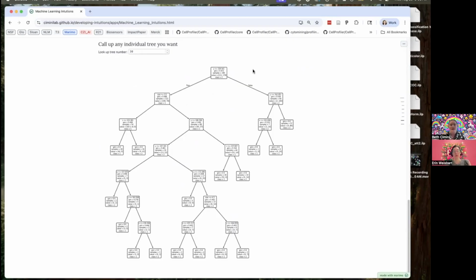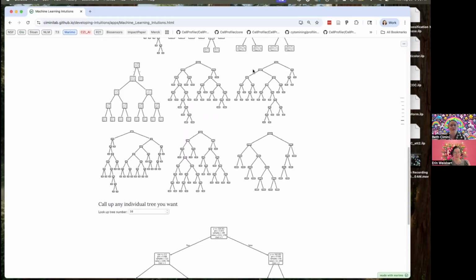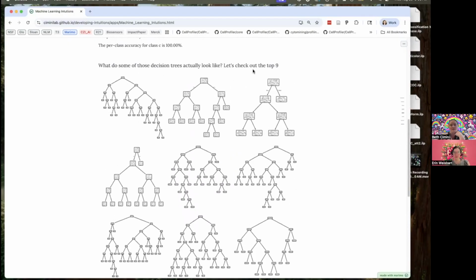Otherwise you would just get the same tree 100 times and it wouldn't be valuable. By subsampling the data, we get different trees each time and hopefully more robustness in our overall classifier, because we're calling on the wisdom of crowds.